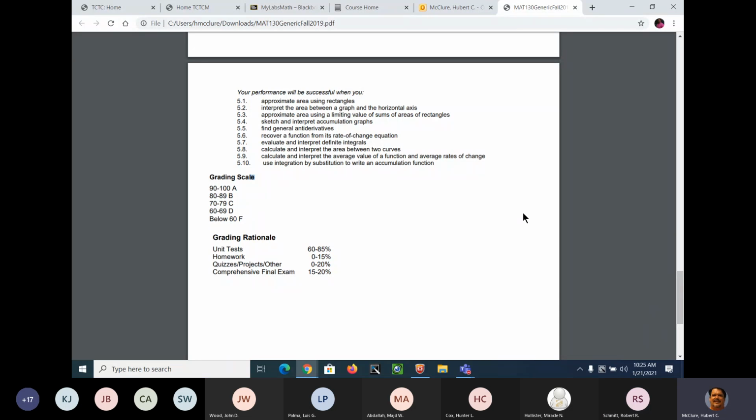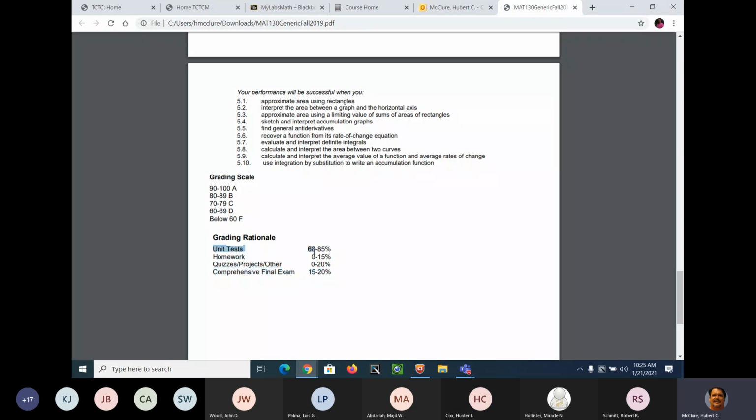Some people are making the last test the final exam. I will make that decision probably the week before the last week of class, as we get toward the end of Unit 4 or Unit 3, wherever we are. But I will count the Unit 1 test and the final exam. I count all my tests the same.